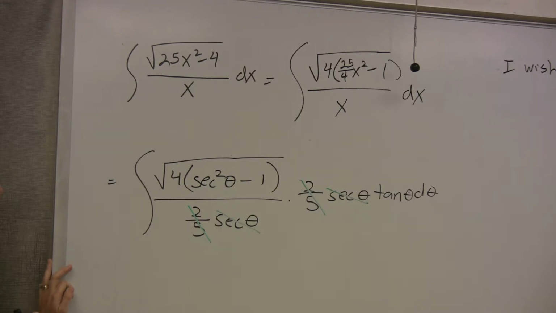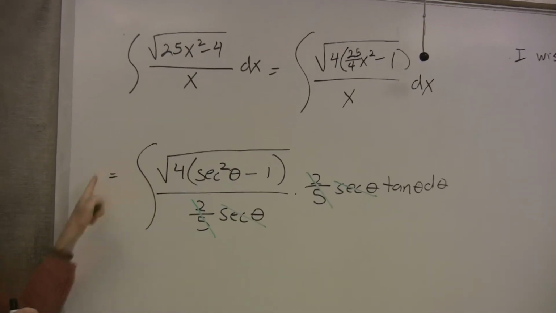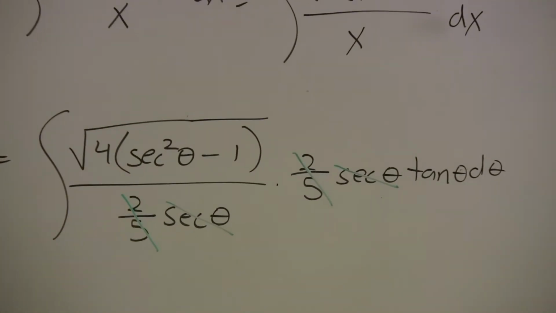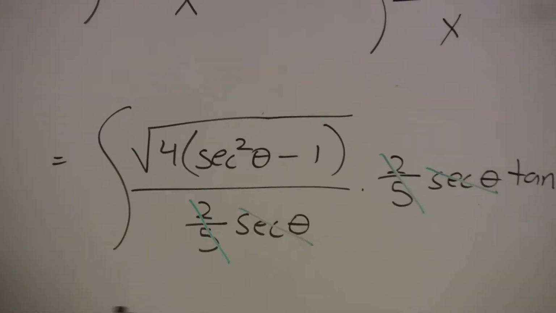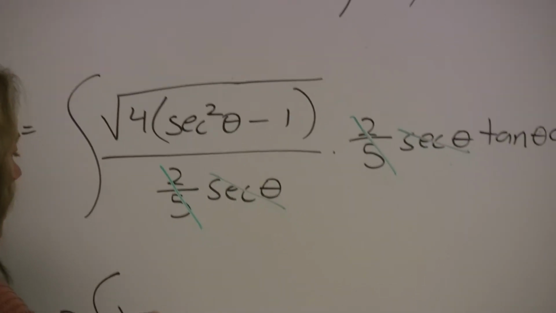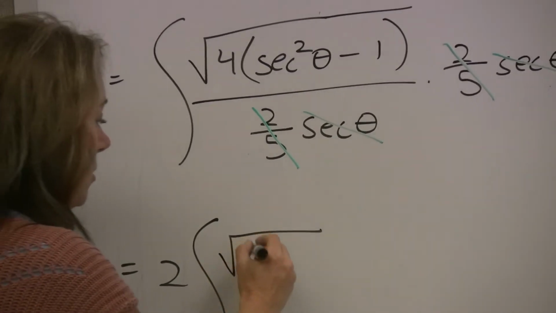Yep. What about this 4 in here? We take it out, just a square root of 4. That's a 2, let's bring that all the way out in front. You guys okay with that? The square root of 4 comes all the way out front as a 2. And then I have the square root of, well, what's secant squared minus 1? Tangent squared theta.